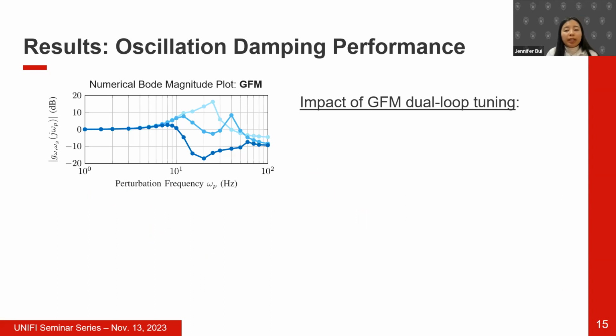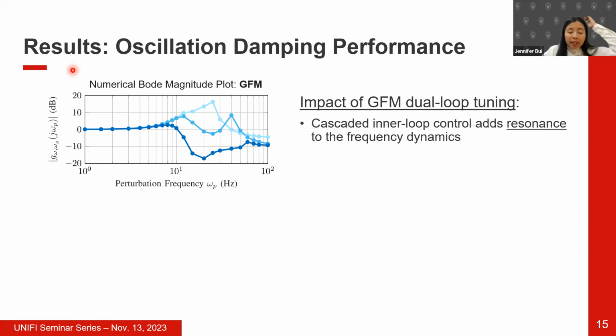So now we'll look at some numerical Bode magnitude plots needed to certify the performance specifications. And for oscillation damping, we focus on the frequency to frequency transfer function. For the grid forming case, we found that the tuning of the cascaded inner control loop significantly impacts the oscillation damping performance, in that if not tuned properly, it can add resonance and amplify disturbances here.